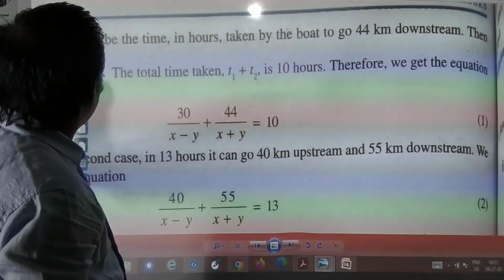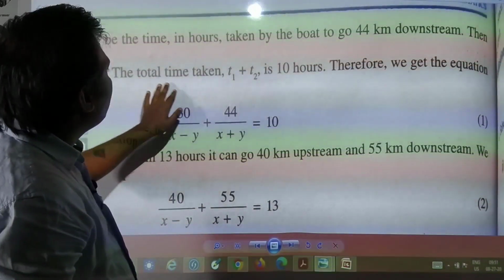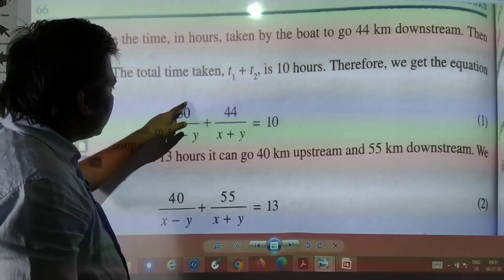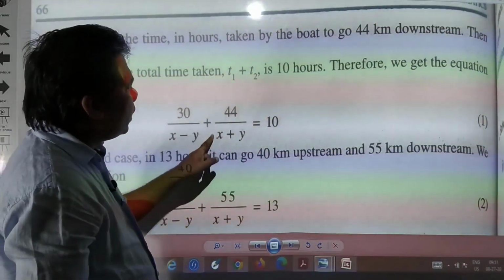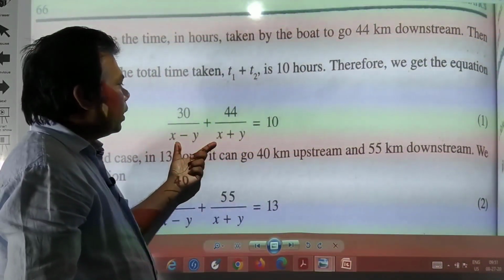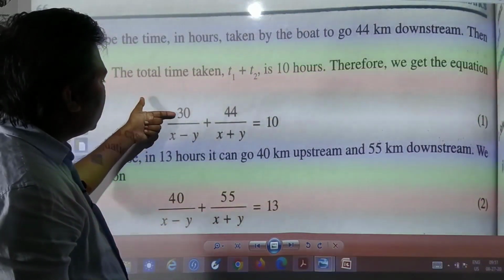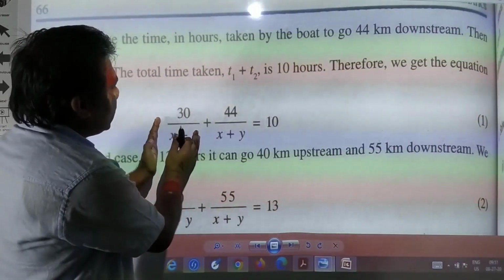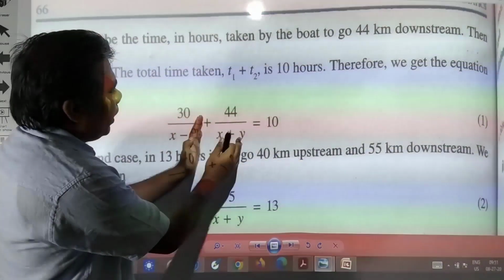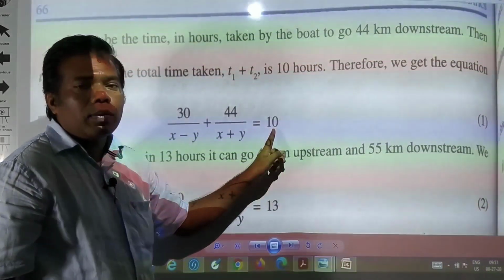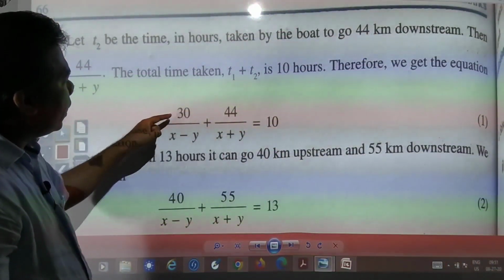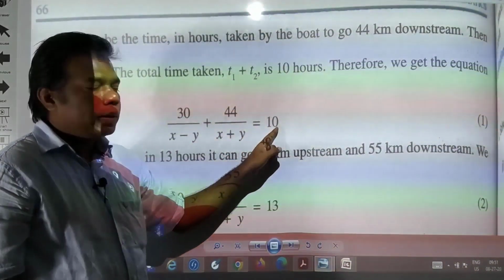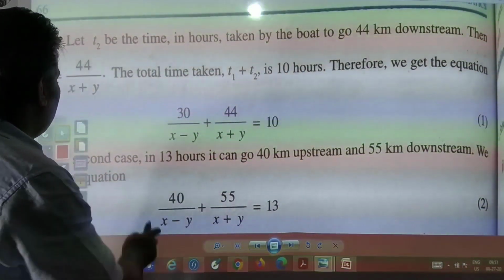Then t2 will be 44 by x plus y. The total time taken, t1 plus t2, is 10 hours. So this is the time taken in upstream and this is in downstream. Time is equal to distance by speed, and in both conditions, upstream and downstream, it is taking 10 hours. So adding them, 30 by x minus y plus 44 by x plus y will be 10 hours, and this will be your first equation.